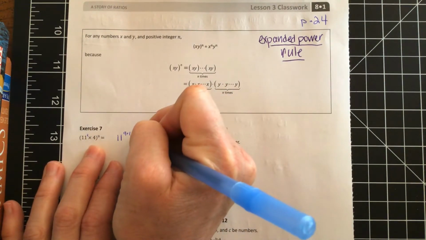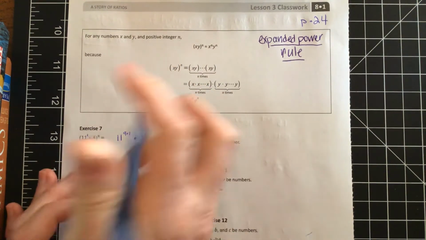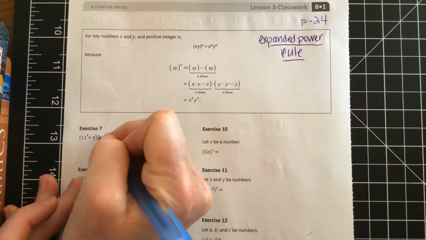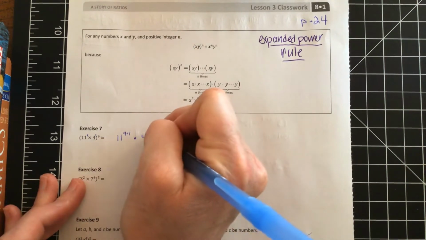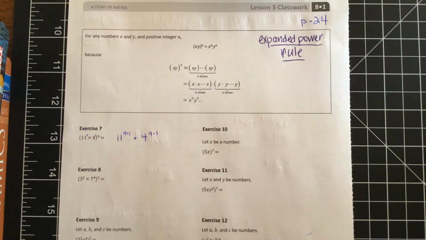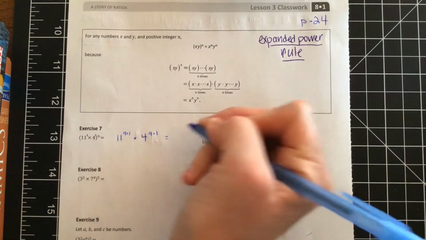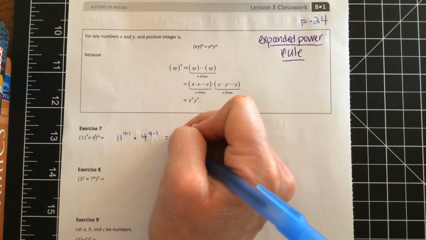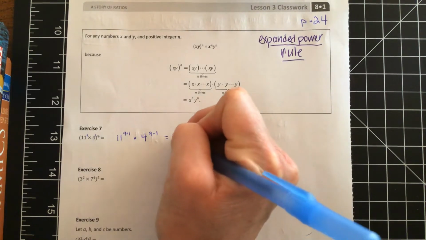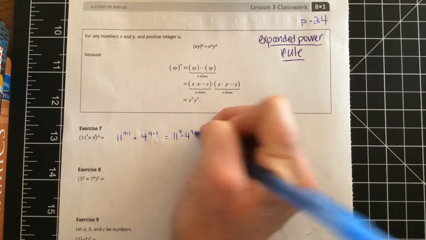Likewise, so multiplied by 4 raised, and there would be a 1 here, raised to the 9 times 1. I just want to show you that just because as we go, that might make more sense to show it for each one. So then this would be equal to 11 raised to the 9th times 4 raised to the 9th.